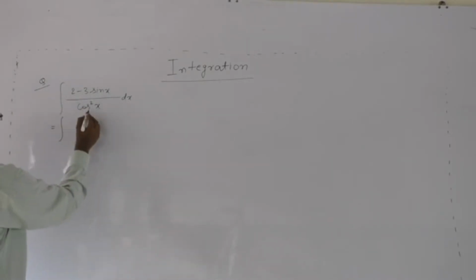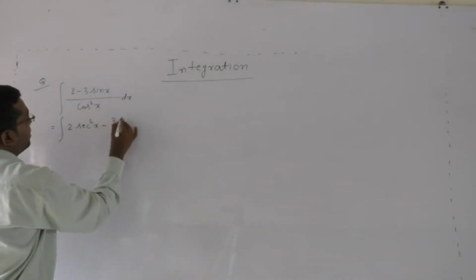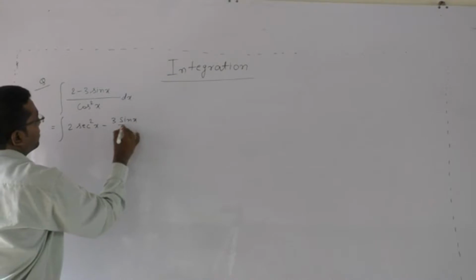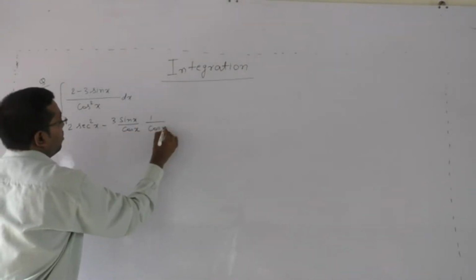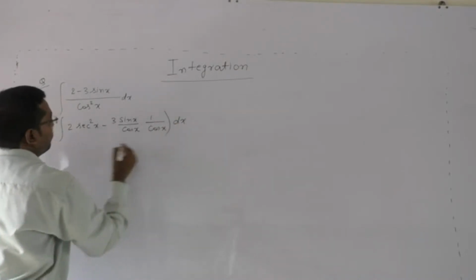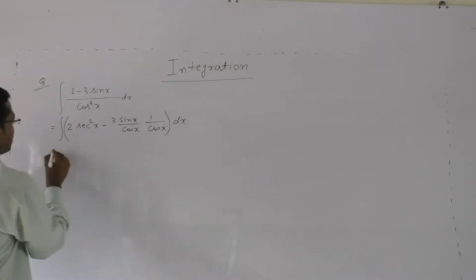Now again we will use the trigonometrical identities. Here 2 by cos square x I can write as 2 sec square x, minus 3 sin x by cos x into 1 by cos x dx. I have broken cos square x up into cos x into cos x.